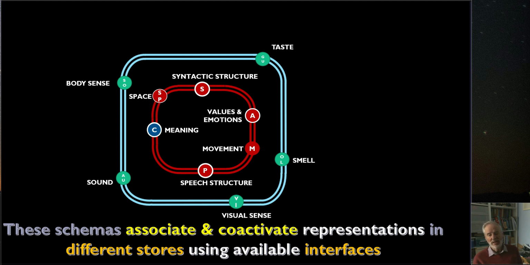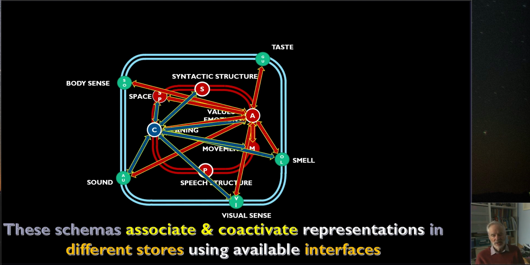So if you like, that is a sort of schema in the sense that it is a connection through a particular interface between two representations which are built up according to different principles, but are associated together, and after that are co-activated together. Activating one will activate the other. That's co-activation. But most schemas, in fact I think pretty much all schemas, are much more complicated than that. They involve many more connections than the two I just showed you.